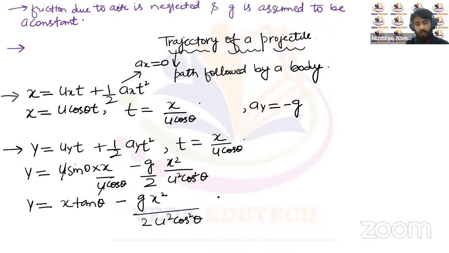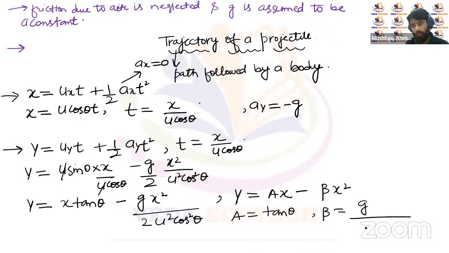Or we can rewrite it as y equal to ax minus beta x square, where a is a constant equal to tan theta, and beta is equal to g upon 2u square cos square theta.